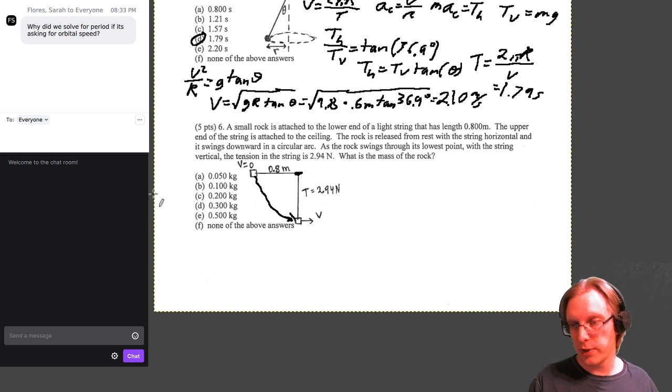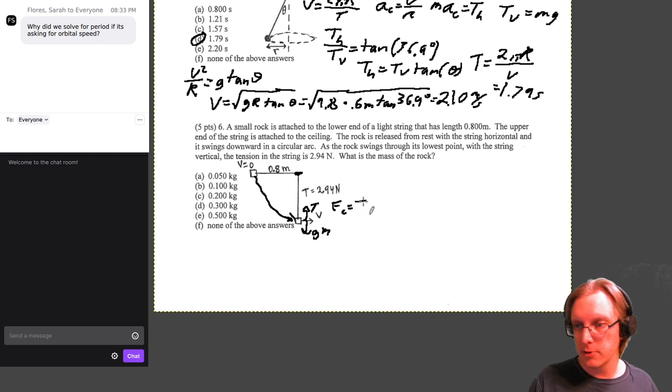All right, so we have tension pulling up, T. We have gravity pulling down, mg. And together, they have a force centripetal. Force centripetal has a velocity in it.